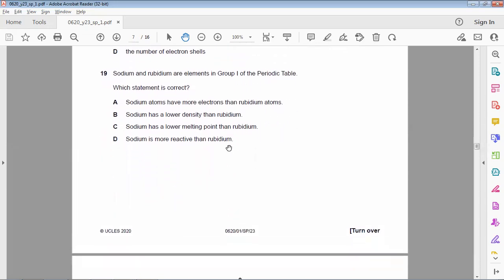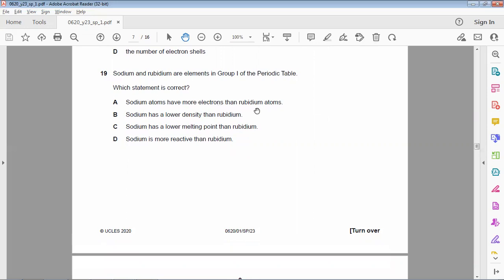Number 19. Sodium and rubidium are elements in group 1 of the periodic table. Which statement is correct? Option A, sodium atoms have more electrons than rubidium atoms. If you see the atomic number, the atomic number of rubidium is bigger than sodium.